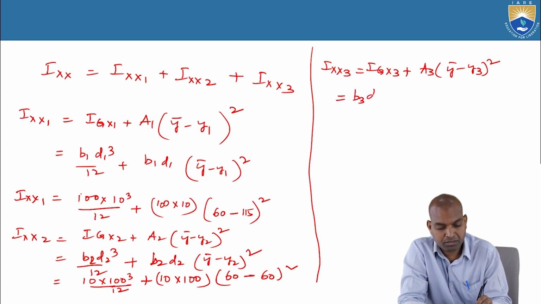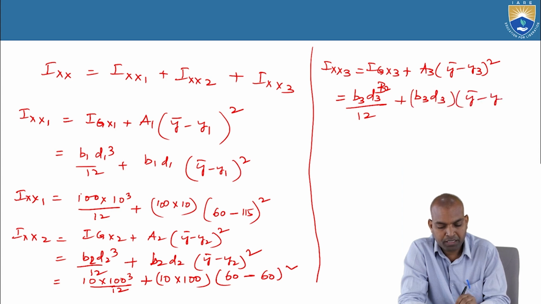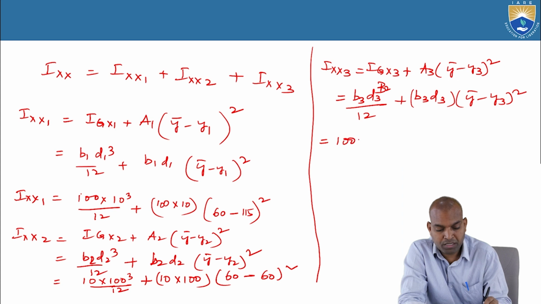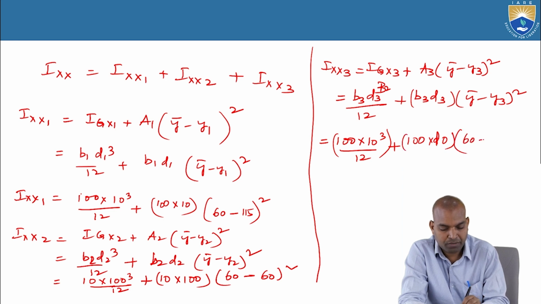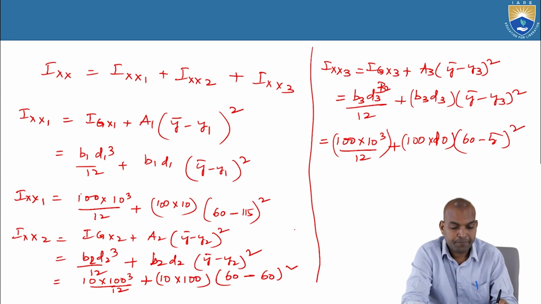That is b3 d3 cube by 12 plus A3, b3 d3, bar y minus y3 whole square. What about b3 here? Width is 100 millimeters, d3 is 10, so 10 cube by 12 plus 100 millimeters times 10 millimeters times 60 minus whatever y3 here, that is 5 millimeters.